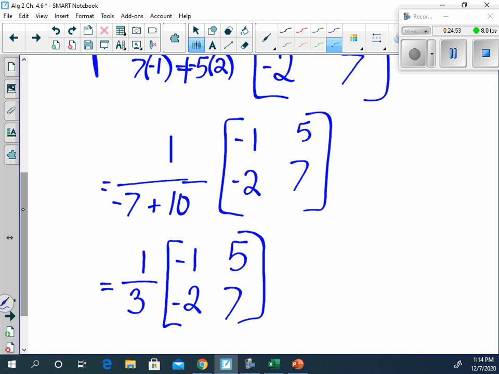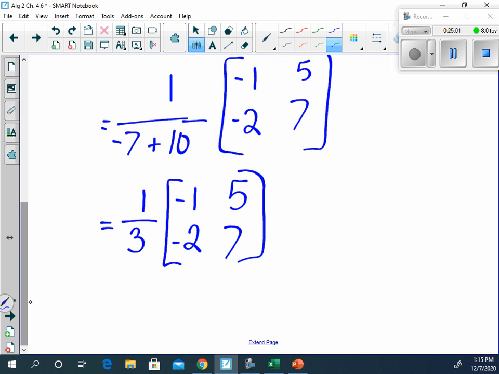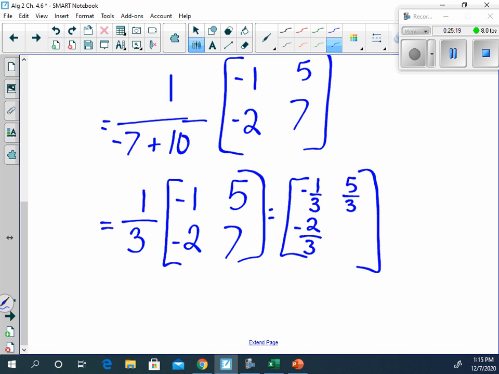Any questions on any of this here? All right. Well, the last thing we need to do is just multiply through by this 1/3. And if I do that, 1/3 times -1 will be -1/3. 1/3 times -2 will be -2/3. 1/3 times 5 will be 5/3.